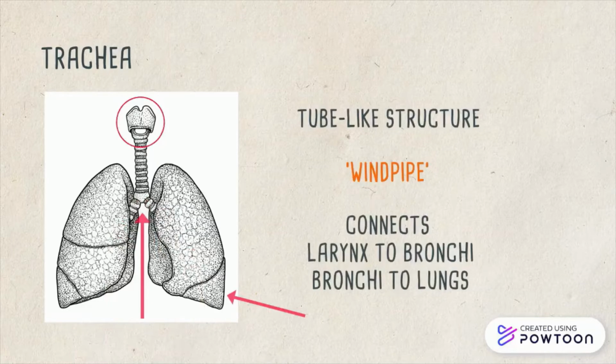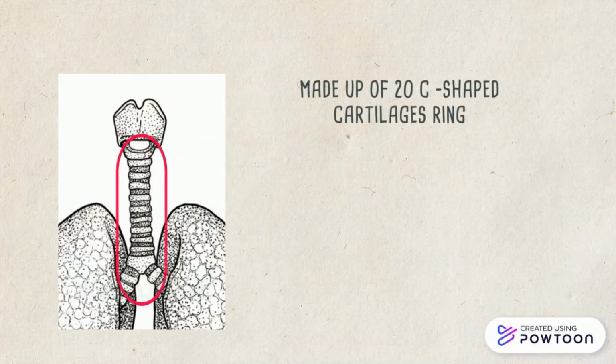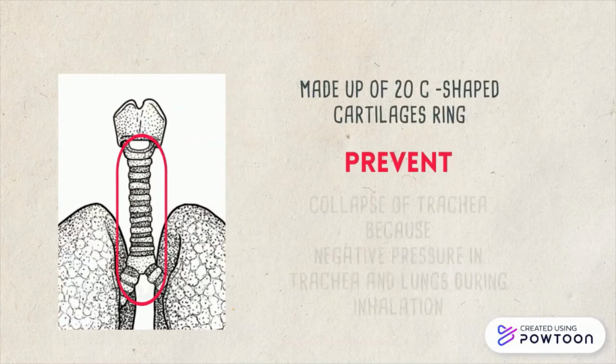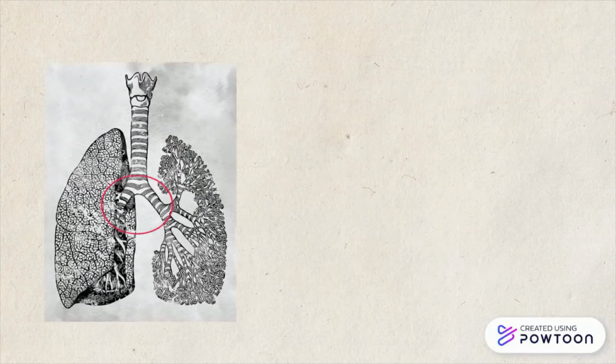If we look at the structure of the trachea, we can see that it is made up of 20 C-shaped cartilaginous rings. These cartilages prevent collapse of the trachea because there is negative pressure in the trachea and lungs during inhalation. The trachea then divides into the primary bronchi.